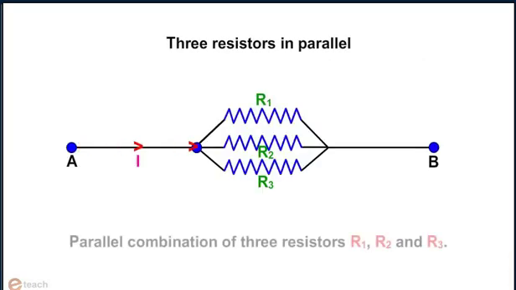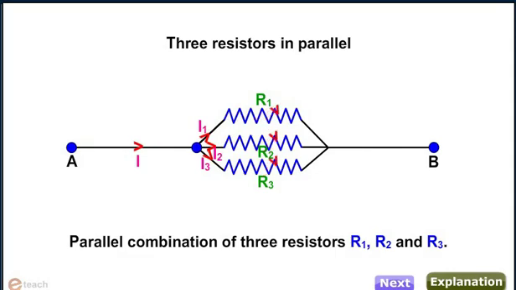Similarly, three resistors can be connected. Just connect the two ends of the three resistors between two common points. Exactly as before, I equals the summation of I1, I2 and I3, and applying Ohm's law to all three resistors, we get the following.